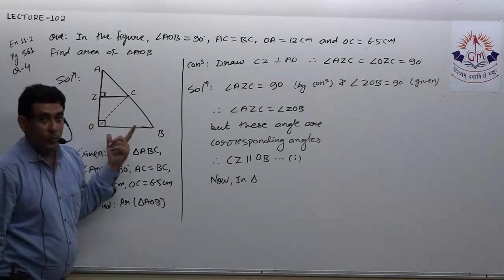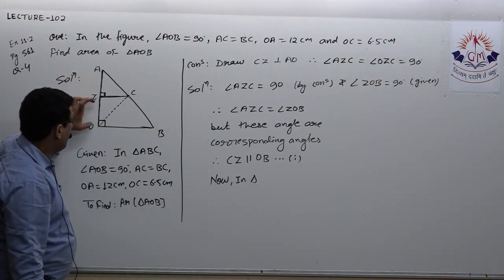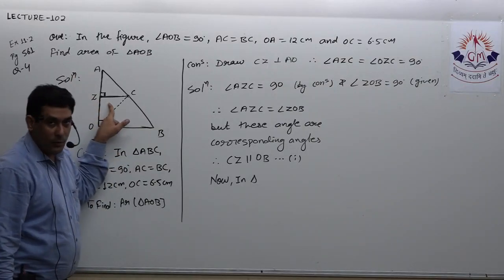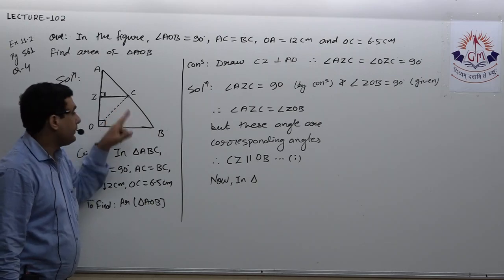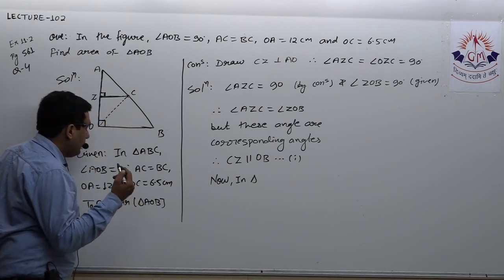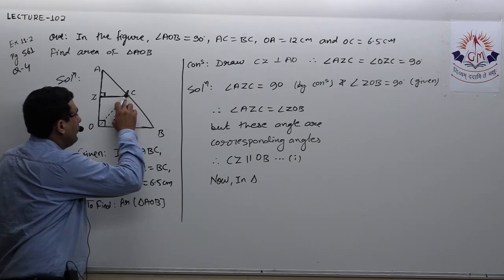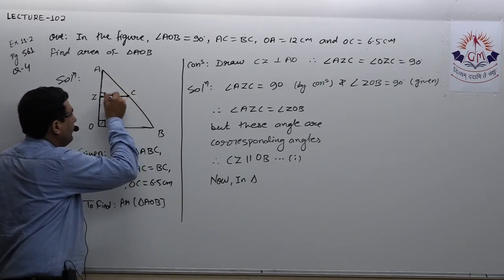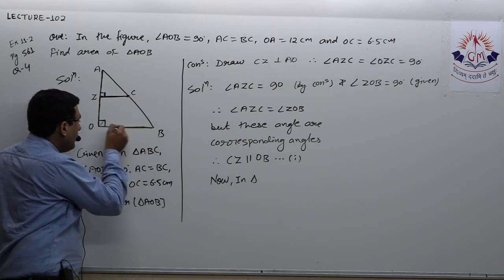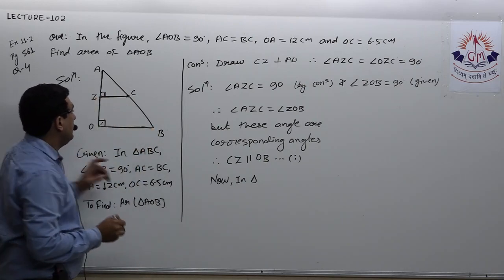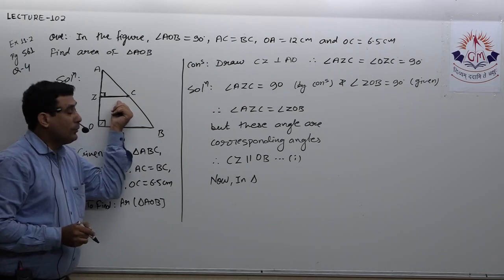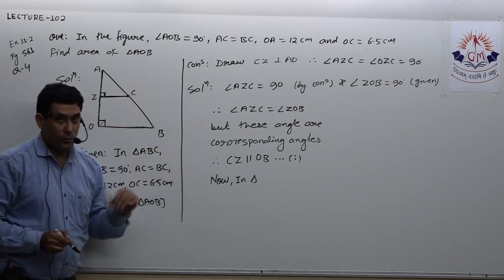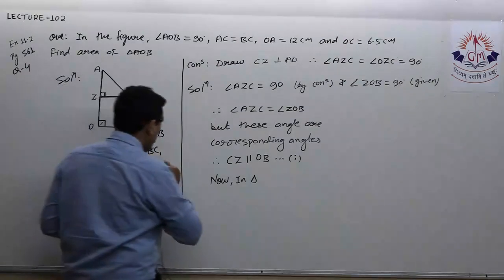Now I need one more part, I need AZ equal to ZO. For that, I will apply the converse midpoint theorem. Converse midpoint theorem says that if a line segment drawn from the midpoint of one side is parallel to the second side, it will bisect the third. So for that, I need CZ parallel BO.